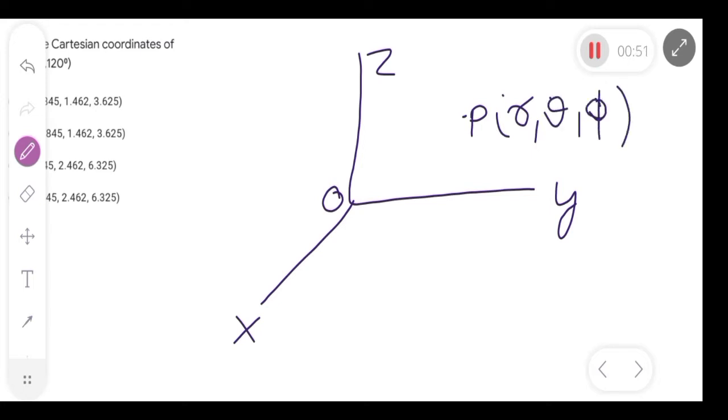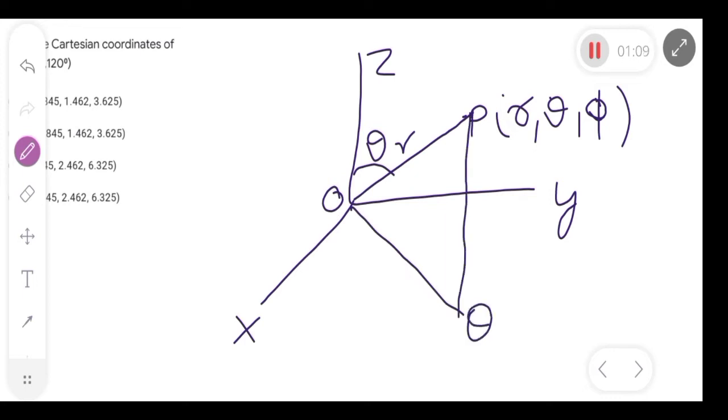So this is phi, and r is known as the radial distance from the origin to the point. Then OP is r, theta is the zenith angle, and phi is the azimuthal angle, which is OQ on the plane XY, and this angle is phi, which is known as the azimuthal angle.